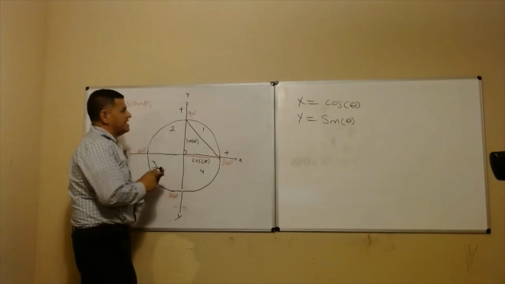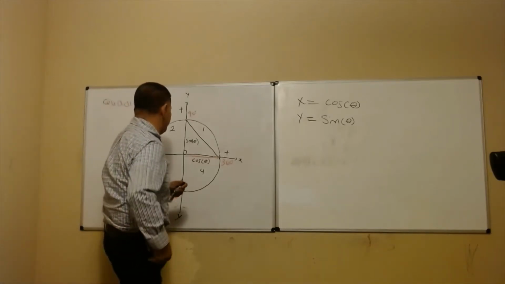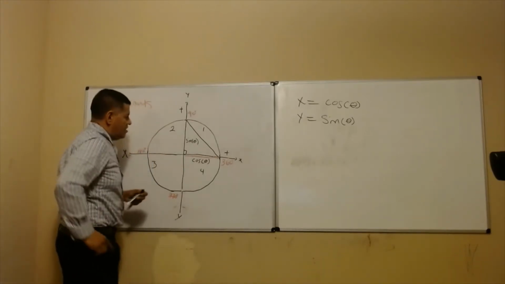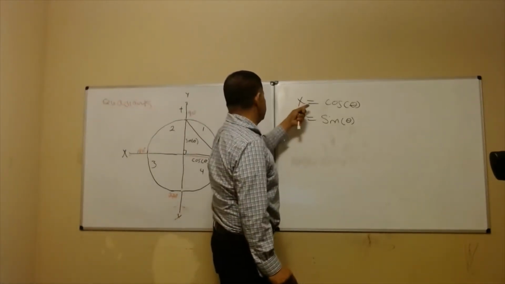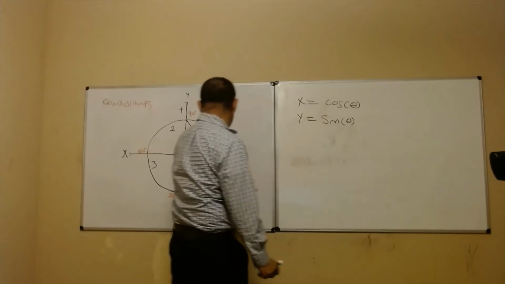So now let's analyze this, because this is very, very important to pay attention to. All right, so y is equal to sine of theta, and x is equal to cosine of theta, right?